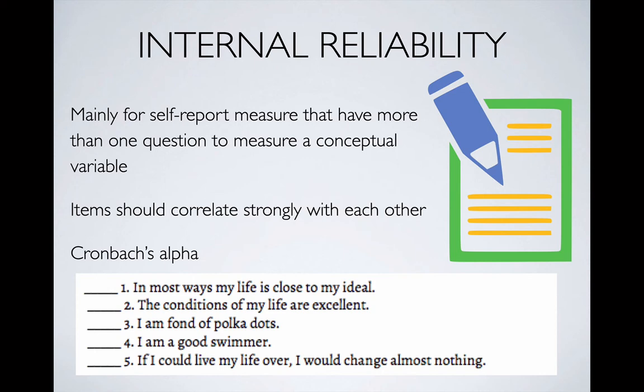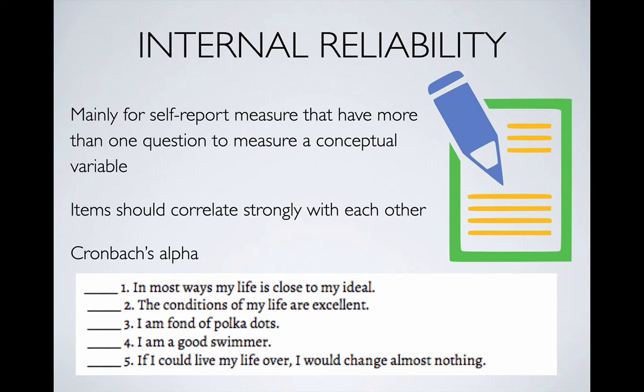Them being a good swimmer wouldn't really inform our understanding of their happiness. Neither would whether they like polka dots. So we want to make sure that all the questions in the scale are measuring that one variable we want to measure, not accurately in this case, but consistently, that it's consistently measuring the same thing.